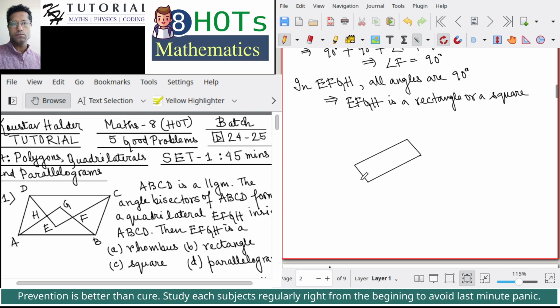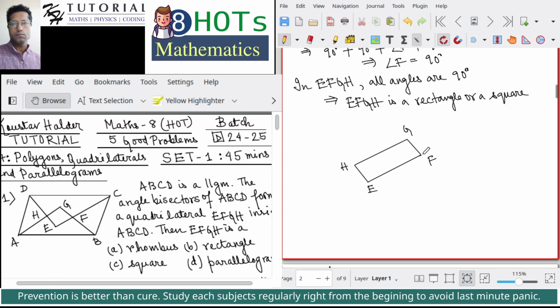So let's say this. Now how can this rectangle be formed from angle bisectors of a parallelogram? So I'm extending this. Let's say this was H, E, and F, and let's say this is G. So I am extending EF as the angle bisector of angle C of the parallelogram ABCD.